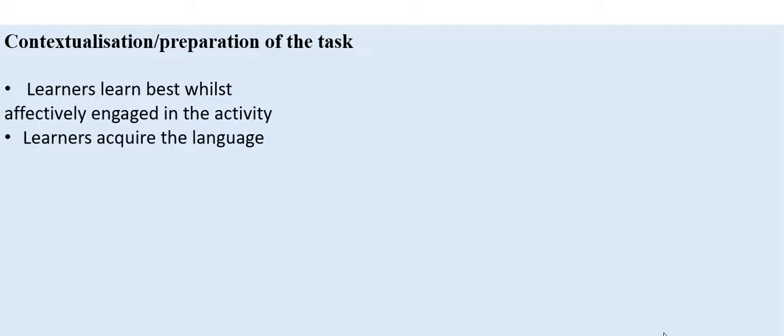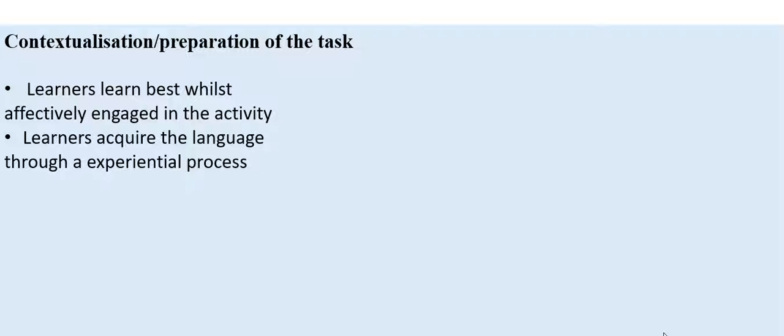This is very important. Okay, so remember, the first part of a lesson was contextualization. They were preparing the task, the main task. And we can see some principles here. For example, learners learn best while effectively engaged in the activity.